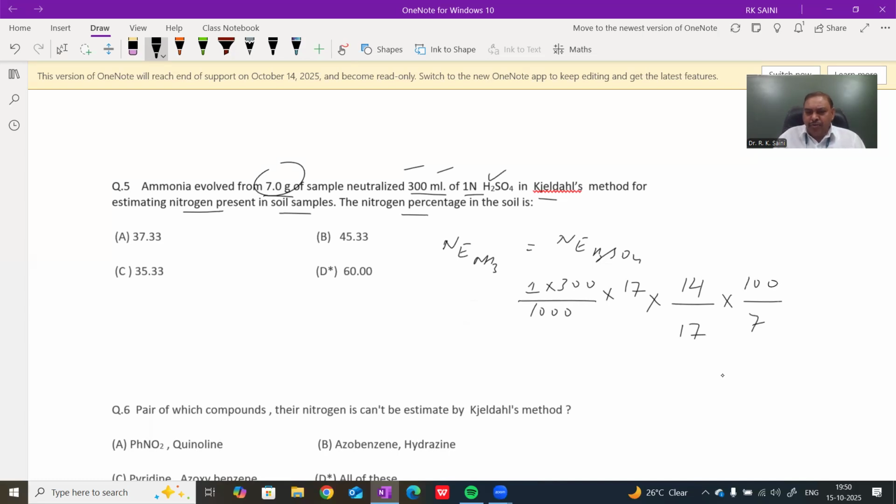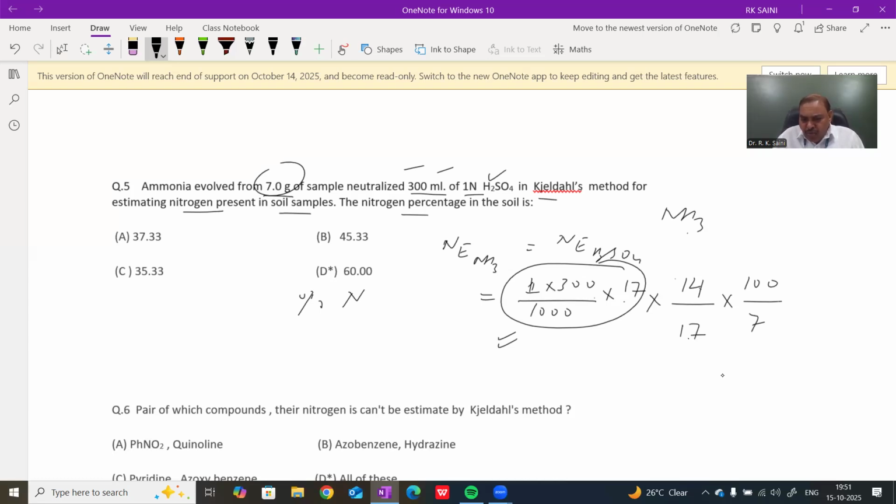Therefore, for the percentage of nitrogen, first we find the amount of ammonia, the weight of ammonia, by the law of equivalence. Very simple. Then we know that 1 mole of ammonia contains 14 gram of nitrogen, so 1 gram contains 14 by 17.